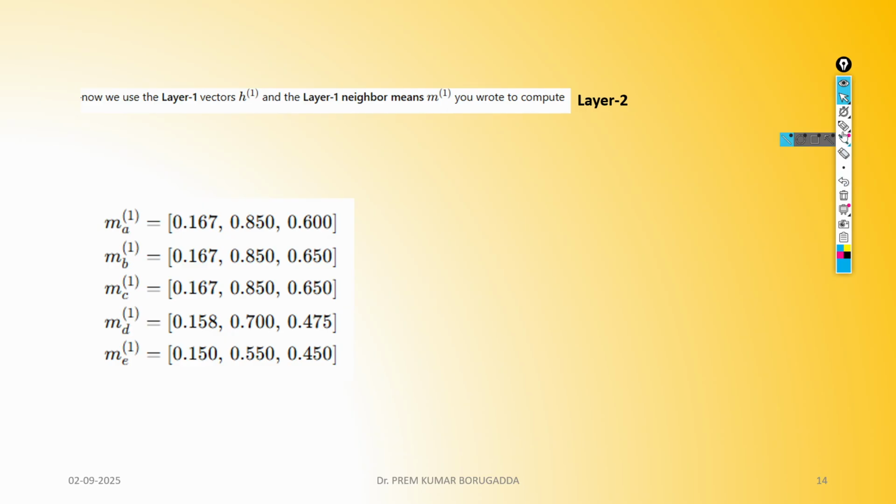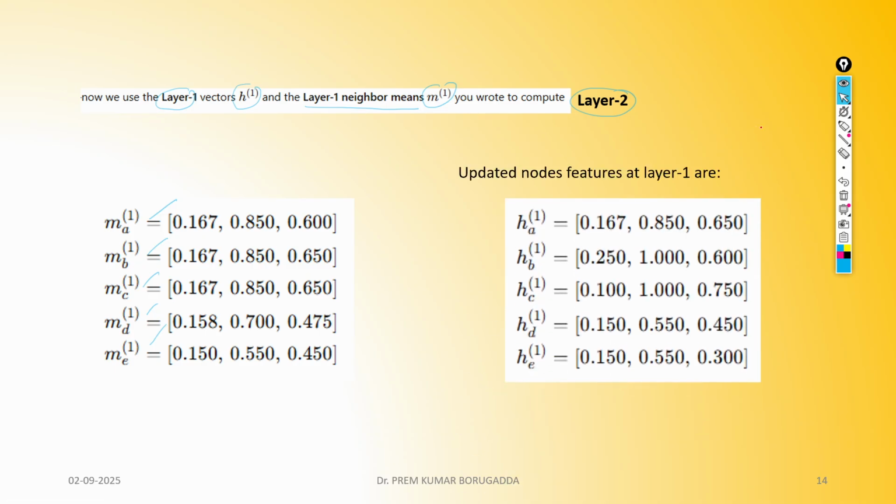Next, now I can use the layer 1 vector H of 1 and layer 1 neighbor mean M of 1 to compute the layer 2. So this is the M of 1 I computed in the previous slide. So what are the updated node features at layer 1?